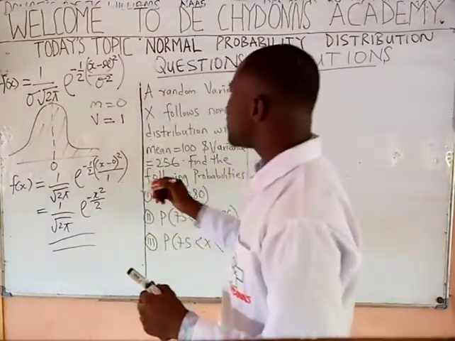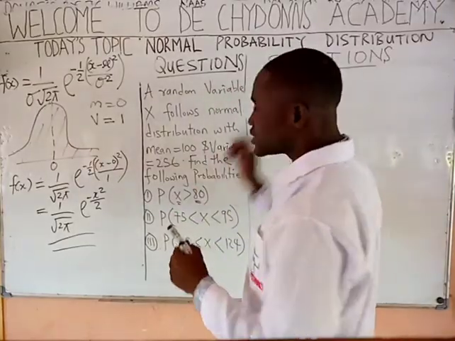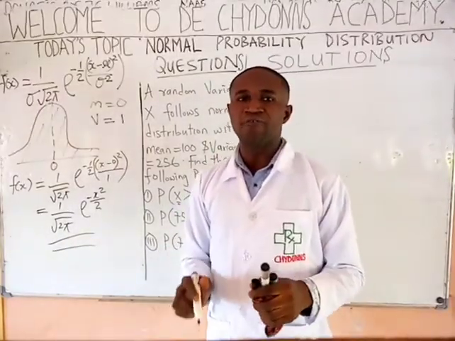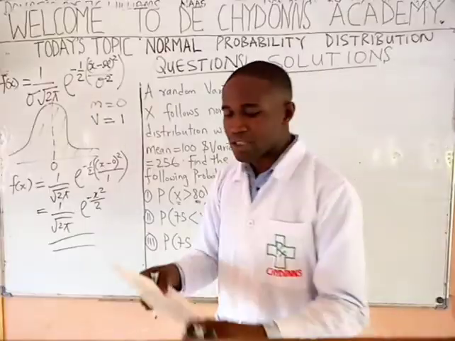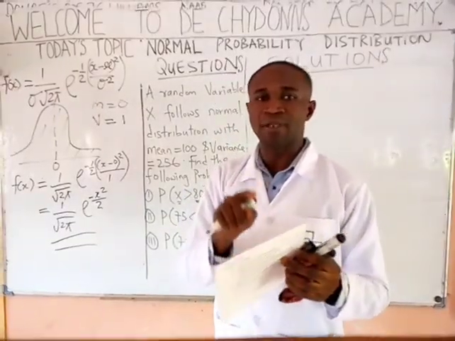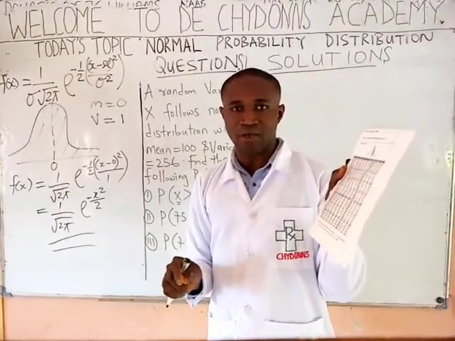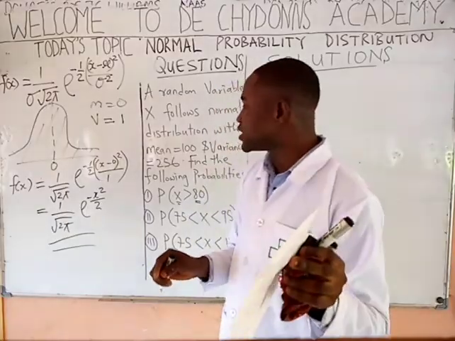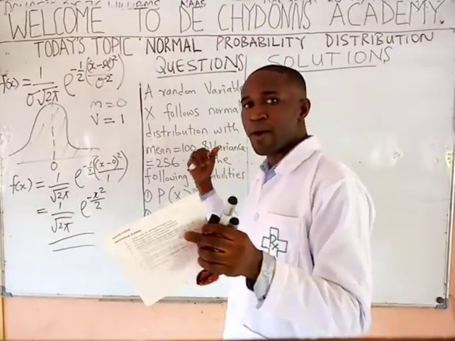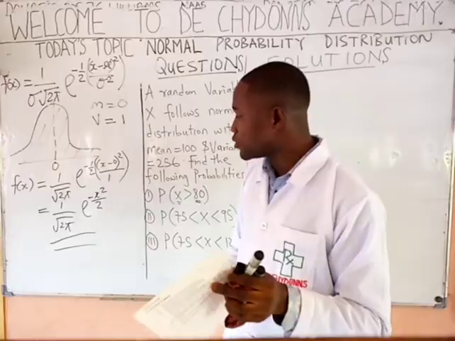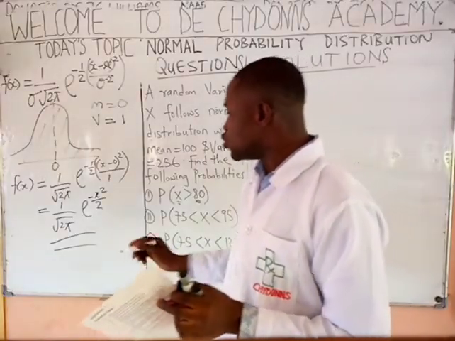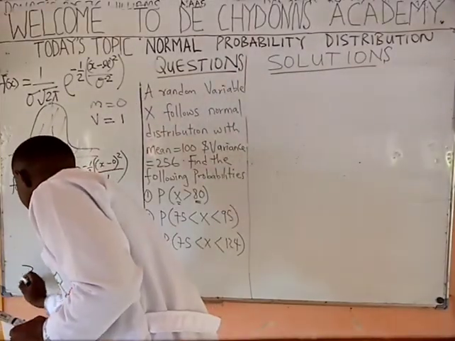Now, in solving problems on normal probability distribution, you must have your 4-figure table that contains the normal probability distribution table. This is mine, as you can see. We will use it in solving problems. To solve, you must know what your z-score is.